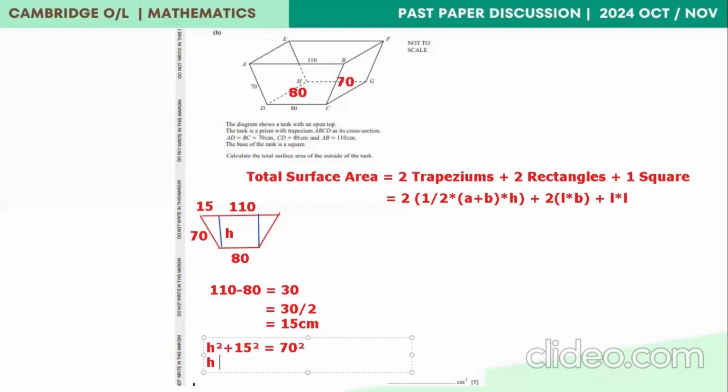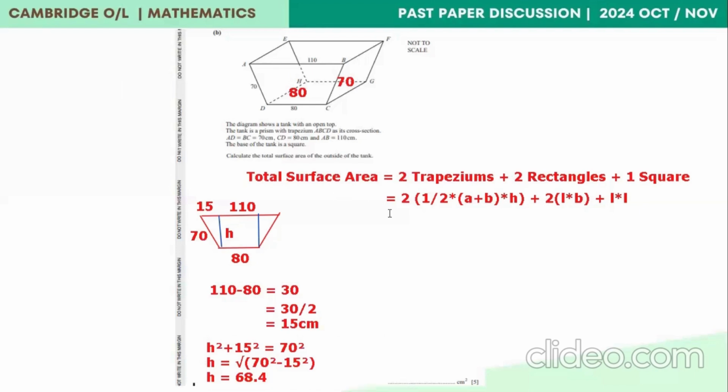So we can simplify it at once. h equals square root of 70 square minus 15 square. Because we have the calculator, we can just write this working at once and give the answer. So when we solve this, h will be 68.4. So this is our h value.